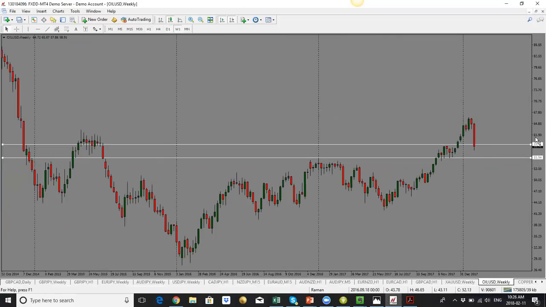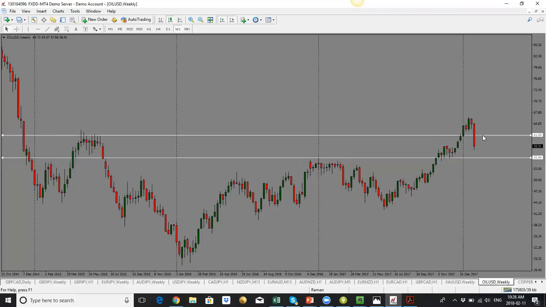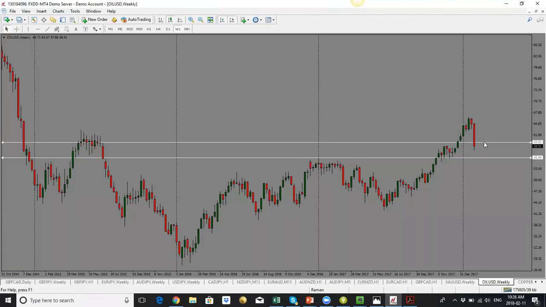So let's go to the weekly chart here for a sec. That's a huge drop. The bias is basically to the downside, looking into the bottom of this range here, 55.90 level. And we could see a bit of a recovery here, either into 61.80 or even into 59.92. Because that's a huge drop, a lot of times, like I said before, when we have big drops, we do tend to get pullbacks.